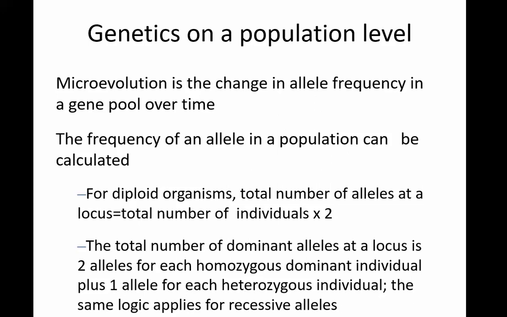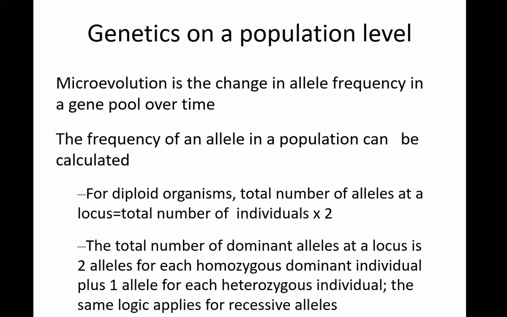And we can apply mathematics to population genetics because the frequency of an allele, which remember just means a different version of a gene, within a population can be calculated. Remember that a diploid organism is carrying 2 copies of each gene.